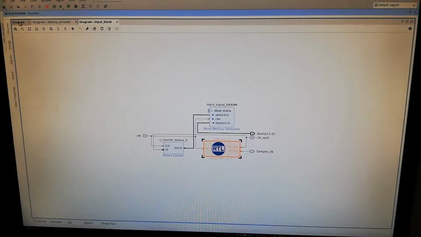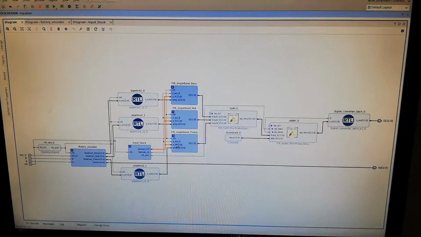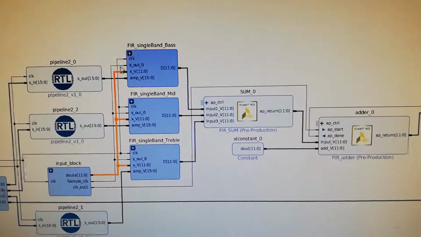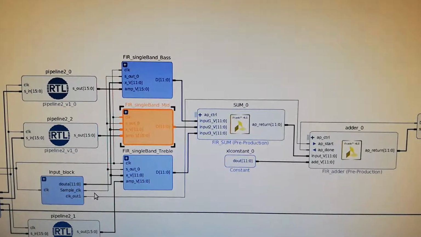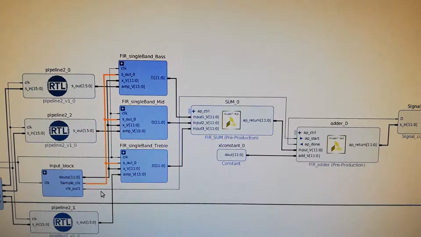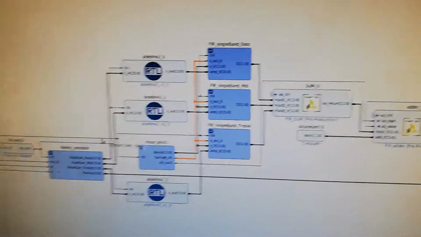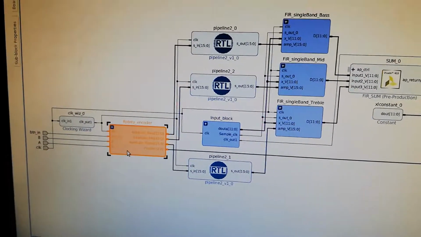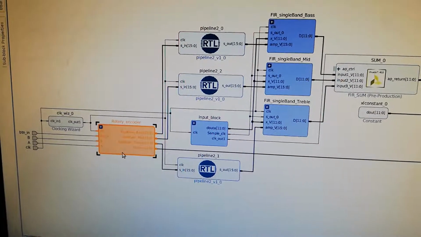So if we go out of this again, you can see that the signal goes into each of these 3 FIR filters alongside a sampling pulse. To change the amplitude, I have this block over here, which takes in the raw signals from the rotary encoder.